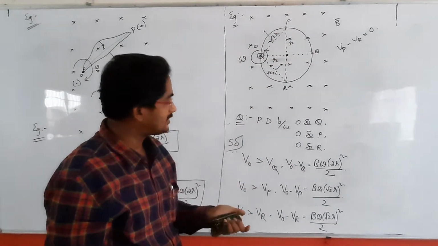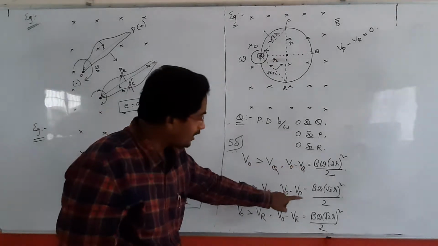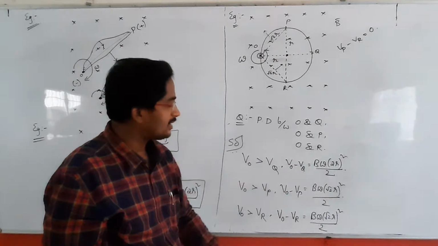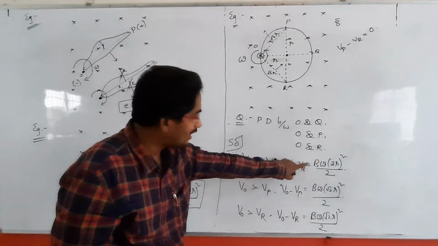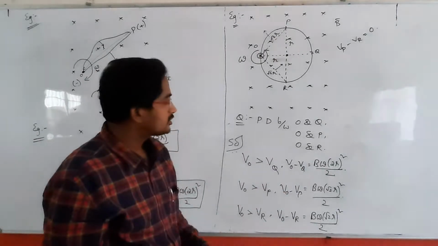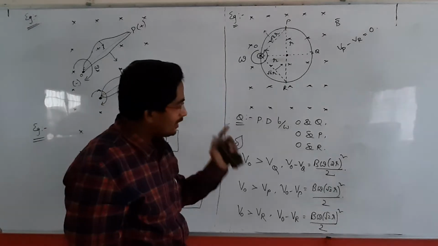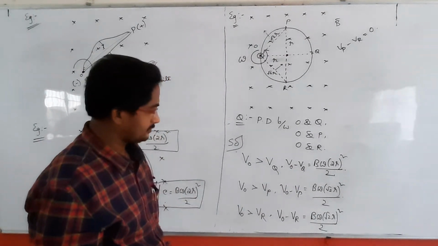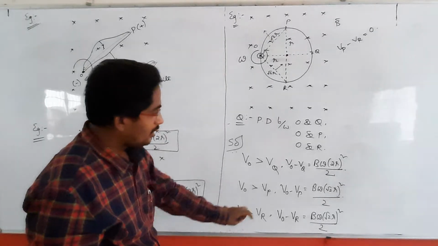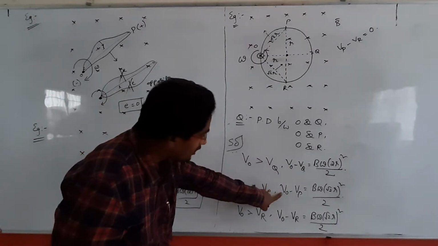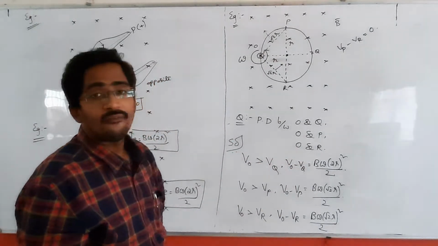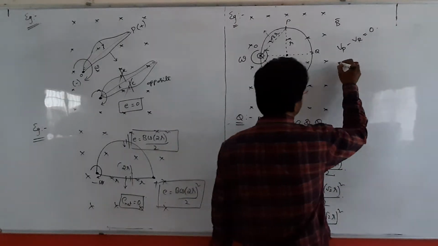And what about the potential difference between Q and P? By taking the difference of both, we can get that answer. One is greater, one is smaller. So this minus this, if you solve it, what are we getting? Vp minus Vq. What does it give you?